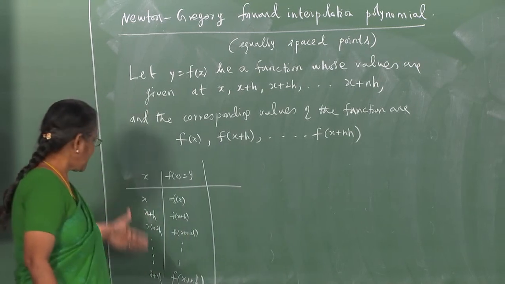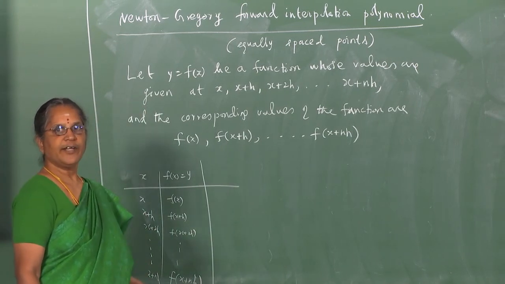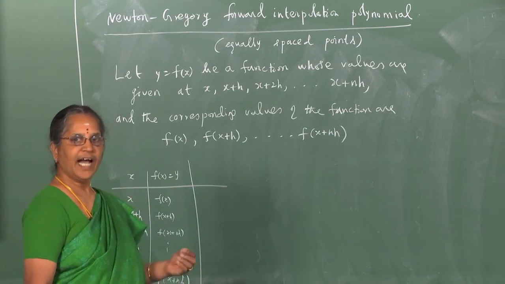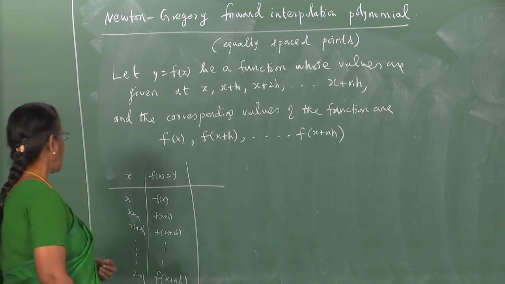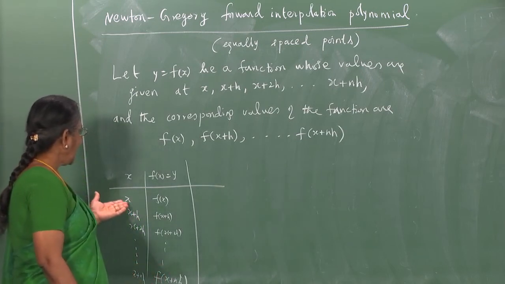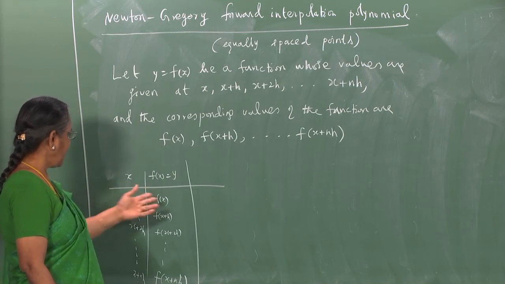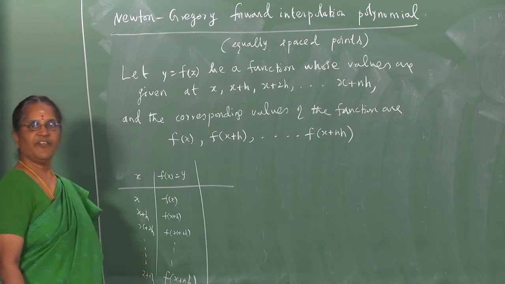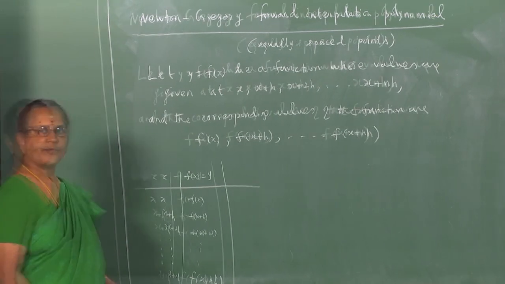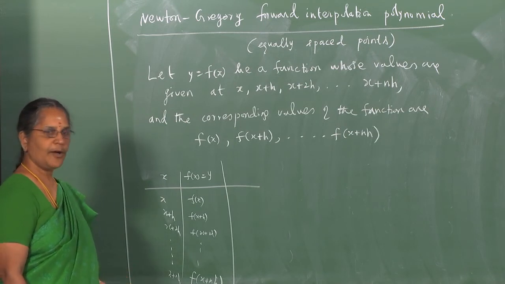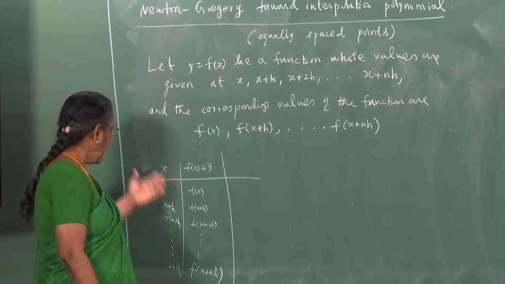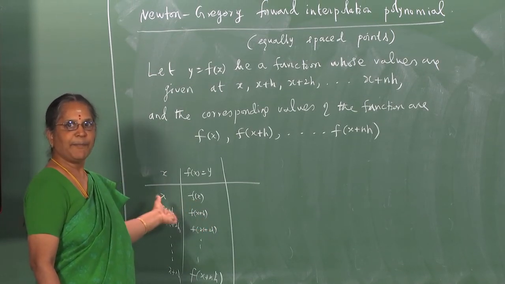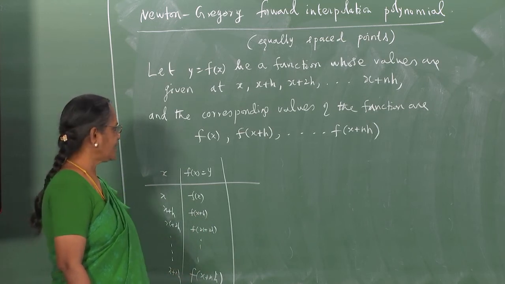Given a set of n plus 1 points, we would like to obtain a polynomial of degree at most n that interpolates at a set of points x f of x, x plus h f of x plus h, etc., x plus nh f of x plus nh. So, we want to construct this polynomial of degree at most n that interpolates the set of n plus 1 points which are given to us.